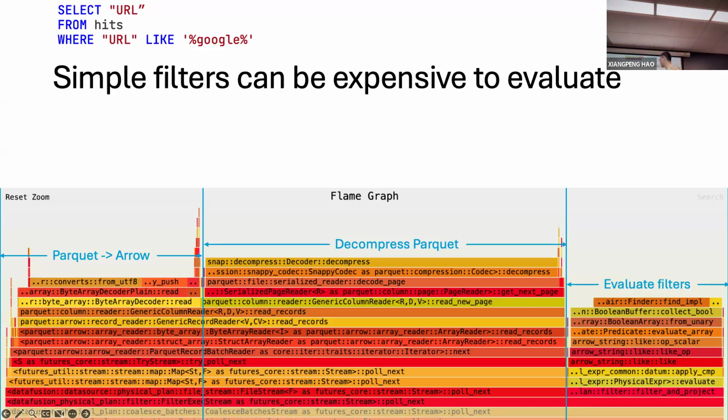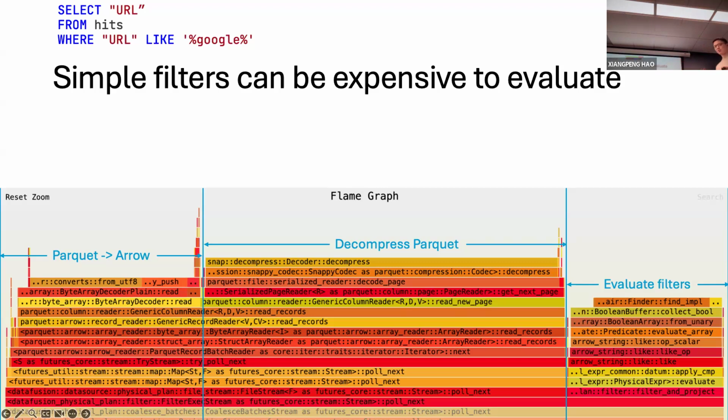The middle component is decompressing Parquet. Parquet is a compressed format, so every time you read it, you have to decompress it. For example, with LZ4 or Snappy, here with Snappy, you have to decompress the Snappy-encoded data into uncompressed Parquet. And then the left part is you have to convert Parquet into Arrow.